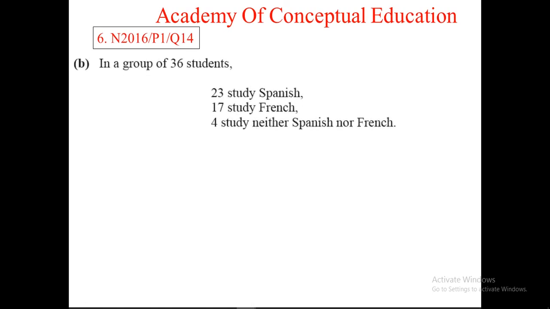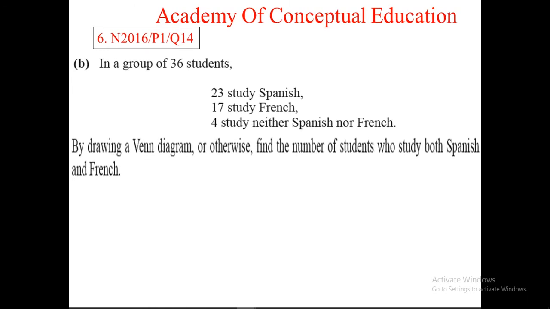Now the next part is question number 14, October November 2016, paper 1. We have already solved a question like this in the previous slides. Now let's use the Venn diagram to find the number of students who study both Spanish and French.